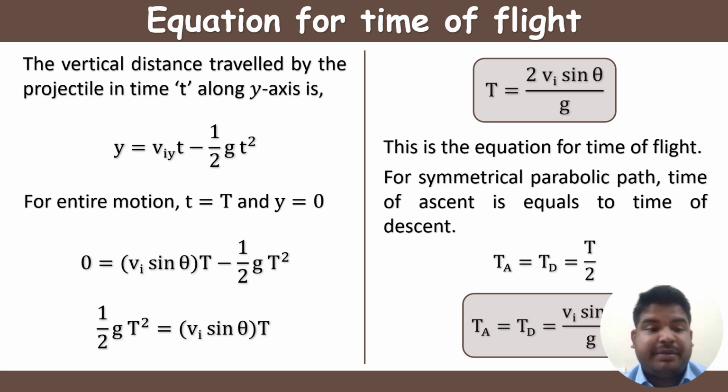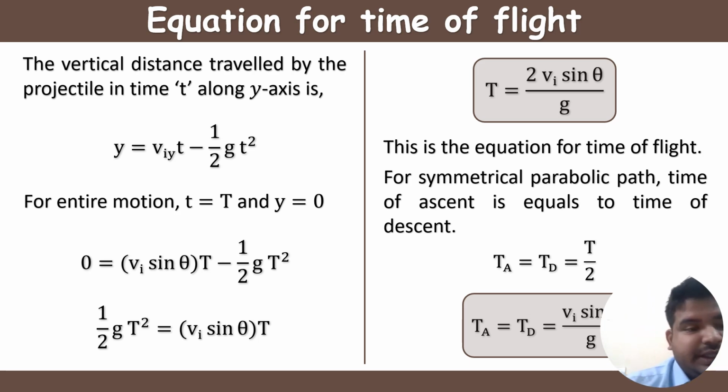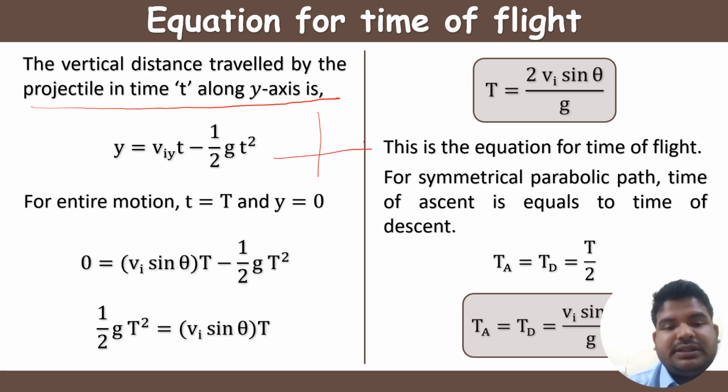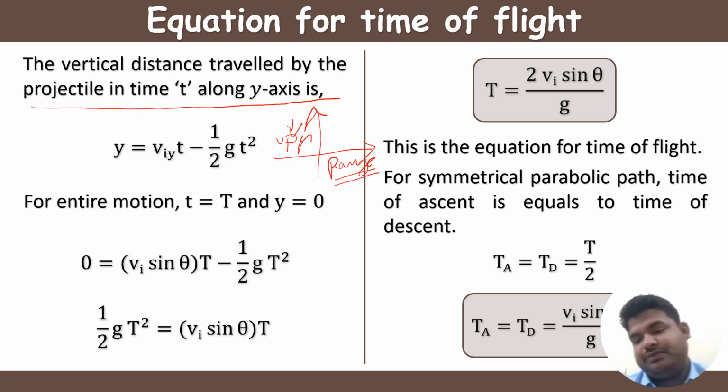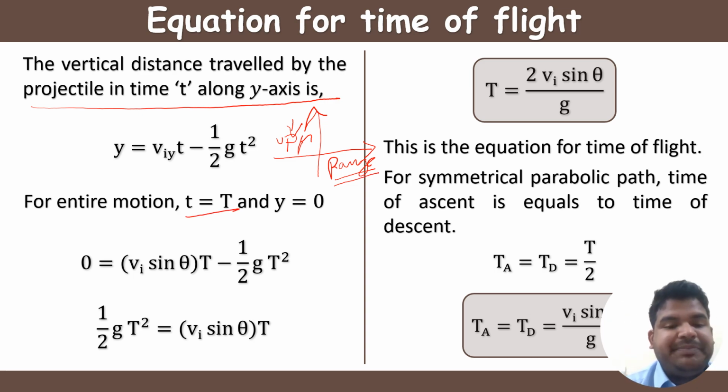The distance traveled by the projectile in time t along the y-axis, meaning in this direction, up, and this is the range, as I already mentioned. For the entire motion, t is equal to T and y is equal to 0.